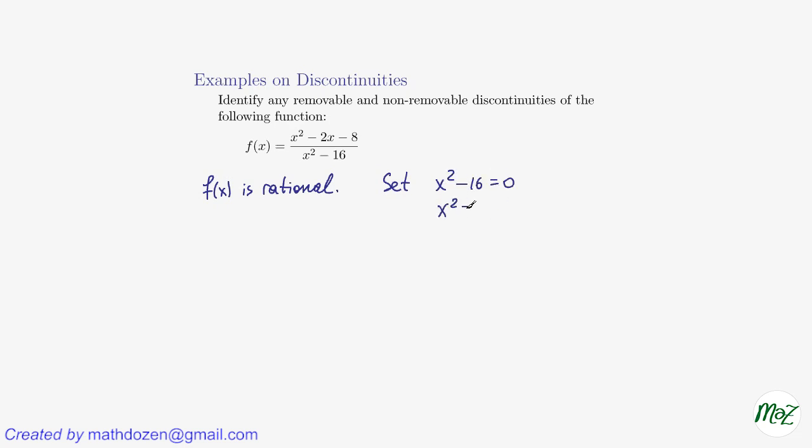And we get that x squared is equal to 16, so x is equal to positive or negative 4. So if we exclude those 2 points, that will be exactly the domain of the function, and those are intervals of continuity.